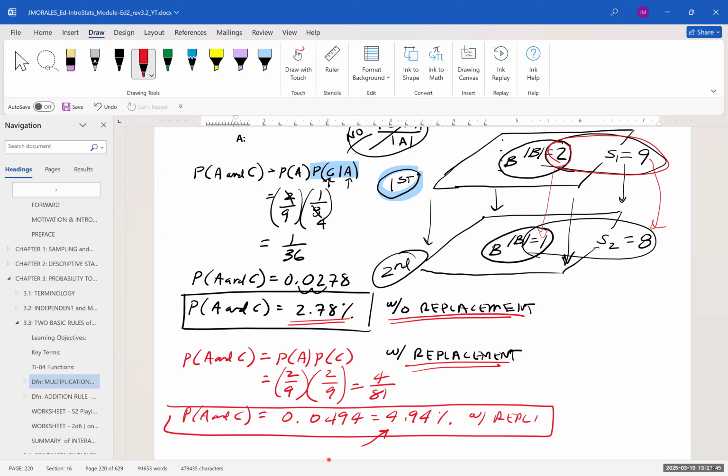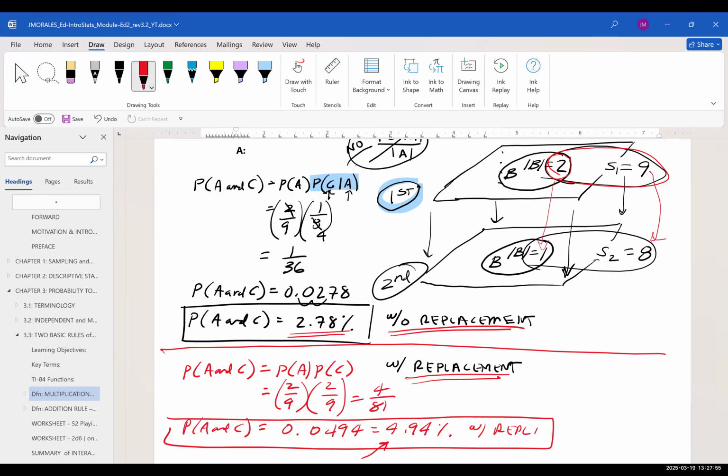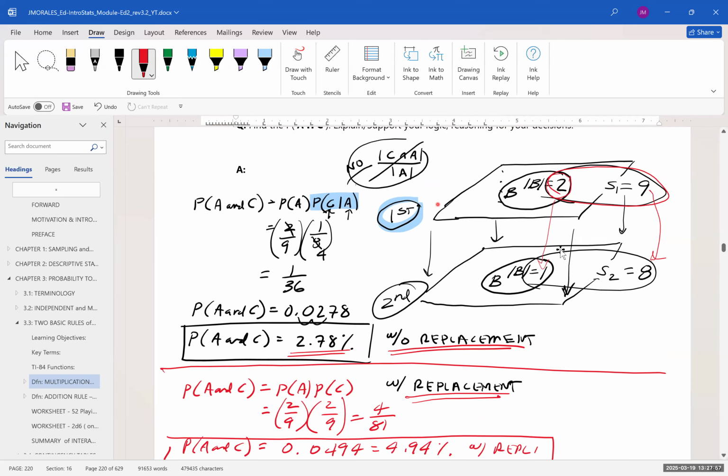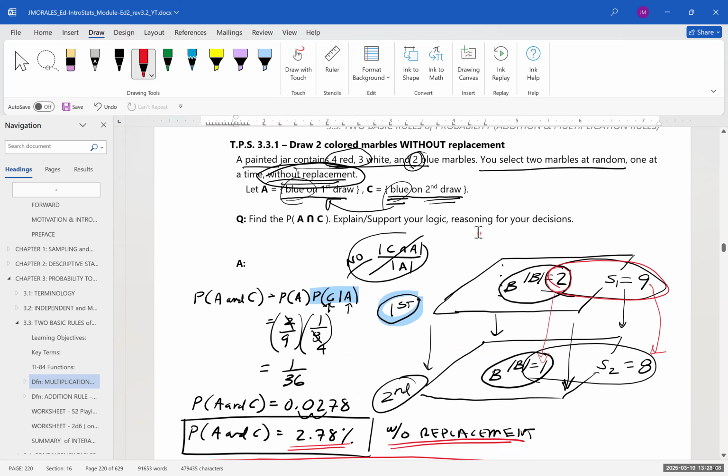Okay. So I think that was instructive in this example to kind of show the difference between those two. And I hope that these visuals here using Venn diagrams is helping you make this picture in your mind, helping you develop that skill of making this picture in your mind of this circumstance.